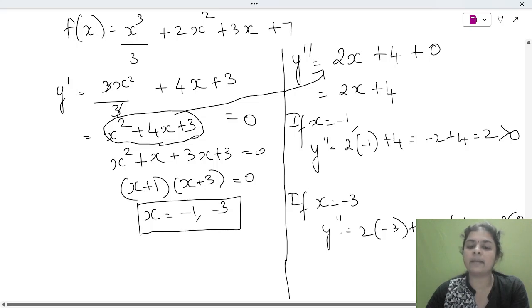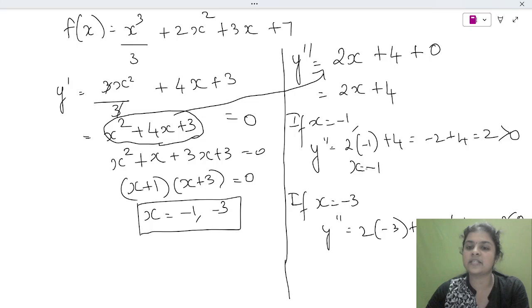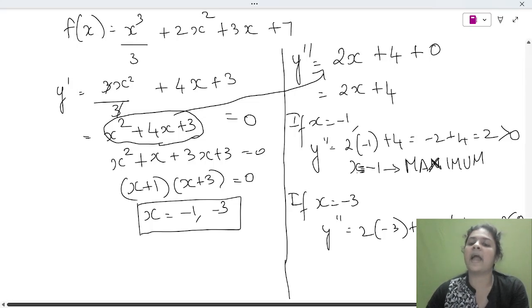If y double dash is greater than 0, then the value of x is equal to minus 1 is minimum or maximum? Maximum. This is maximum. And if y double dash is less than 0 here, the value of x is equal to minus 3 represents the minimum value.